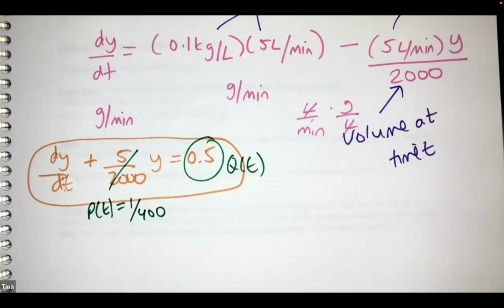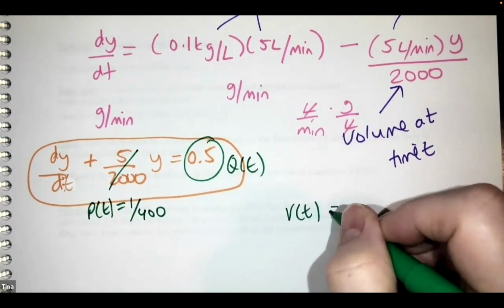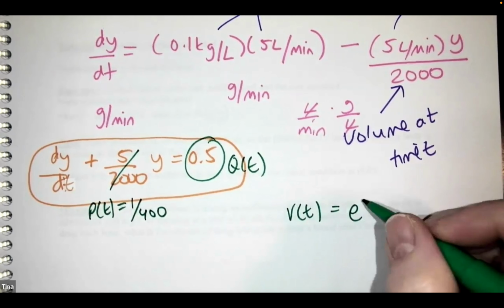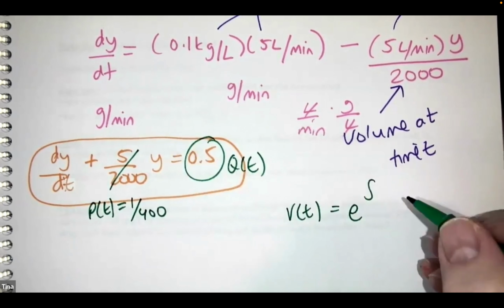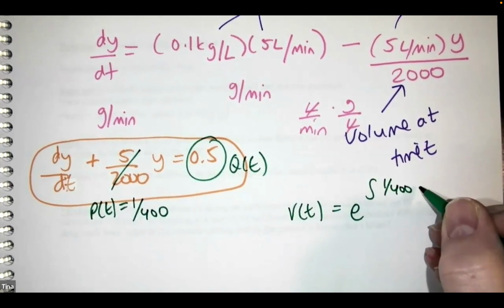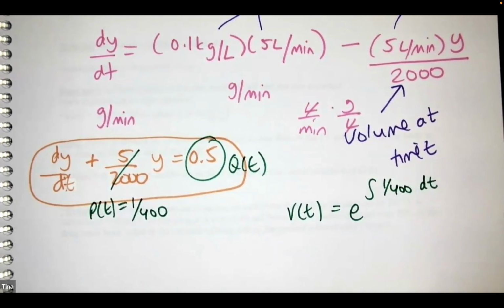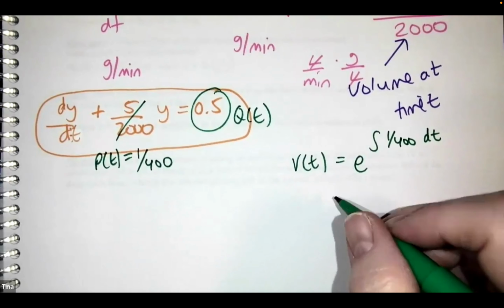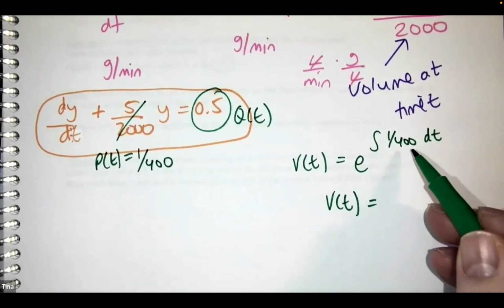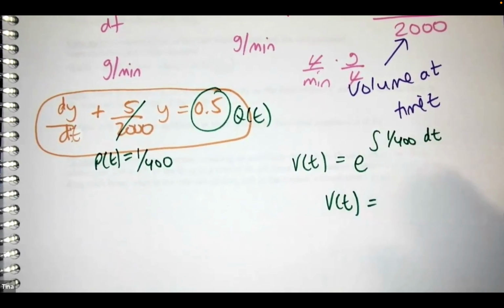So we would need to do our integrating factor. So integrating factor, just like always, e to the integral of p of t, which is just a constant, 1 over 400. So these are always kind of weird because you think, well, what is this? But, you know, the integral of a constant is just the constant times t.